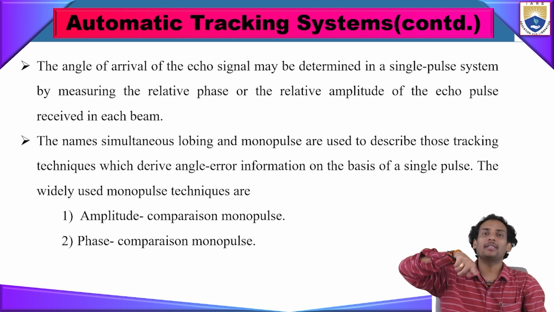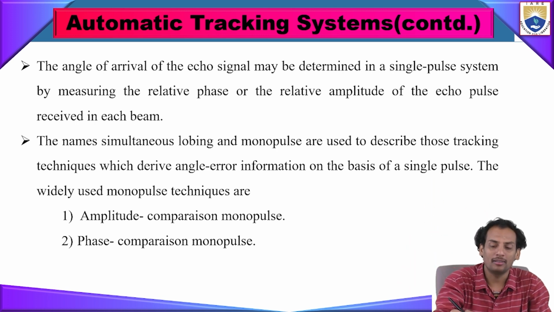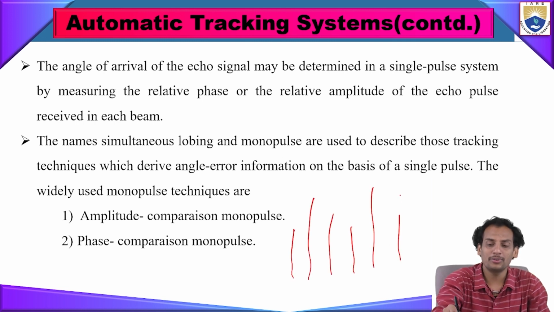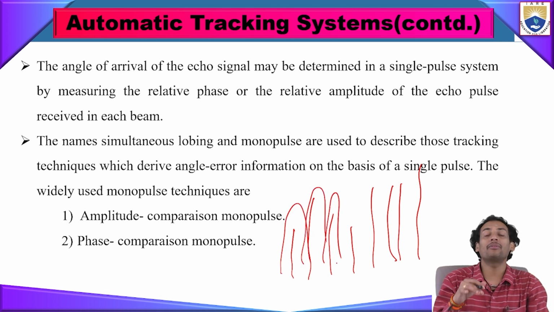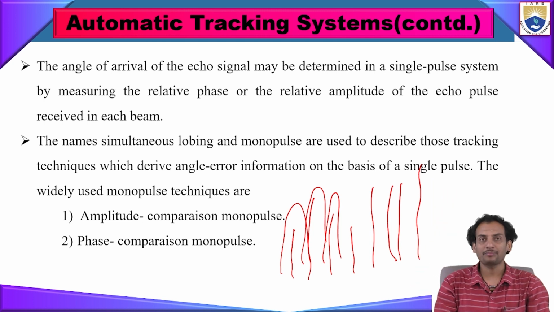If the amplitudes are different, the sequential lobings will be created around this, and they will be designed in such a way that they track the target easily.